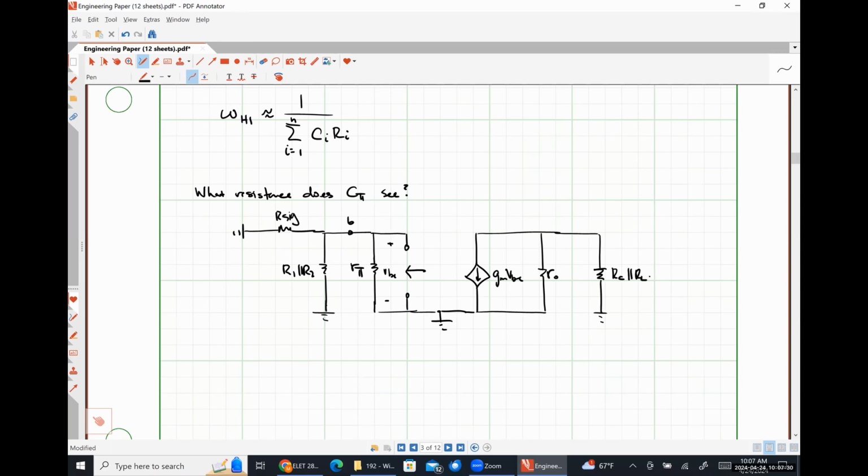My C mu capacitance connected between my base and collector is being treated like an open circuit. My CCS capacitance connected between my collector and ground is being treated like an open circuit. And then we removed C pi and we're looking in through its open circuited terminals. So what do we see?